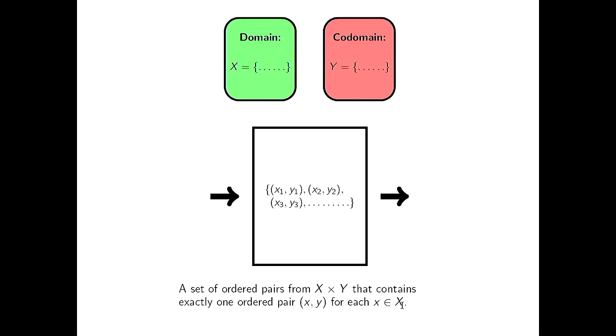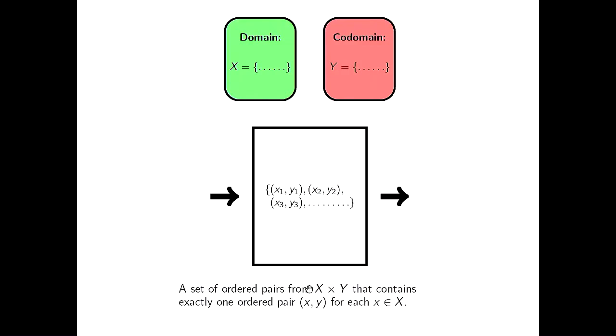So what does that condition mean? Someone, why is that condition there, that there's one ordered pair for each x in X? Yes, exactly. Every input has one output. So for everything in my domain, I do see an ordered pair and I have an output, but also I only see one.